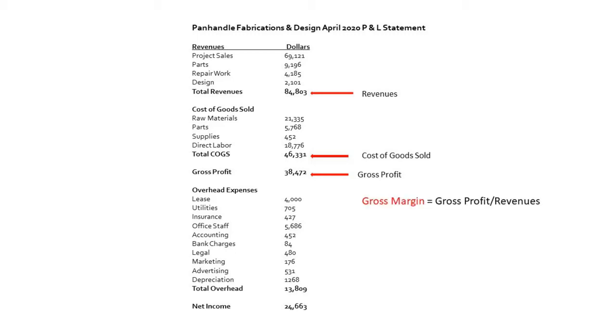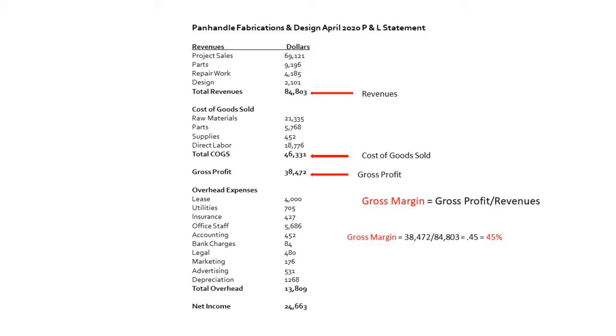Related to gross profit is another term called gross margin. And gross margin is the metric or the measurement of how efficiently we earned our gross profits. And so it's simply taking gross profit and dividing that figure by the revenues, which in the example of this particular statement would look like $38,472 divided by $84,803, which is equal to 0.45 or 45%.